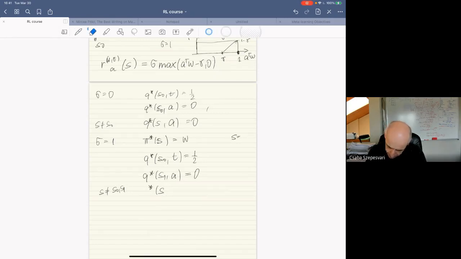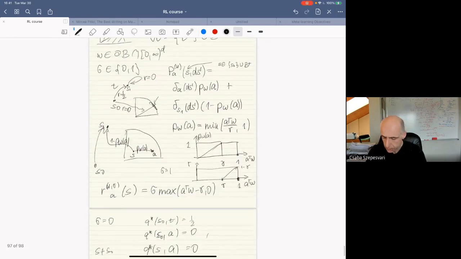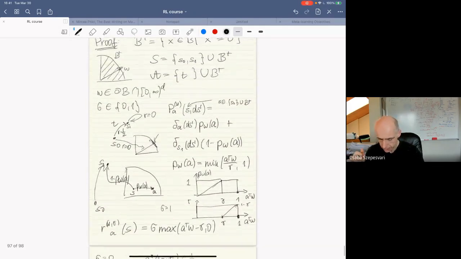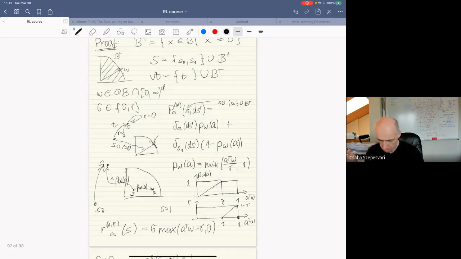V star of S is going to be just 1, no matter where you are. You jump to this very special place where you get the reward of 1 and you live there forever. And the only place where you can't do this is state S1, I guess.